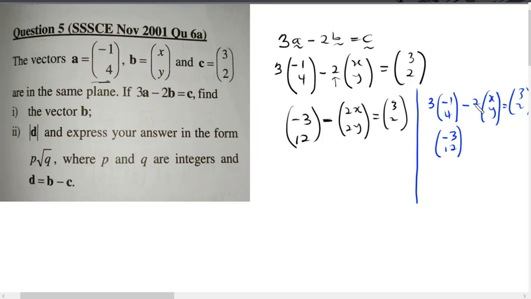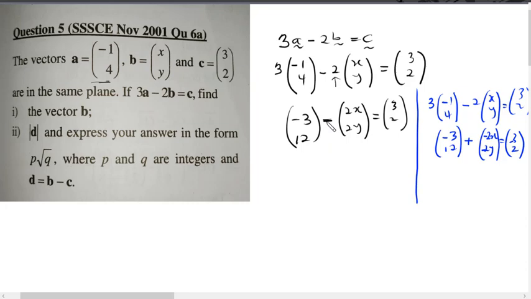But here we could have had negative 2 times x, then we will have negative 2x. But when you do that, the sign here will now be positive. Then negative 2 times y will be negative 2y. Then you have (3, 2). So whichever way you want to do it, you are going to get a correct answer here.